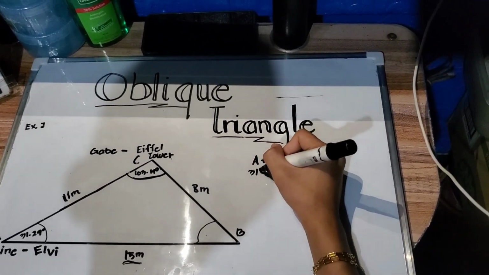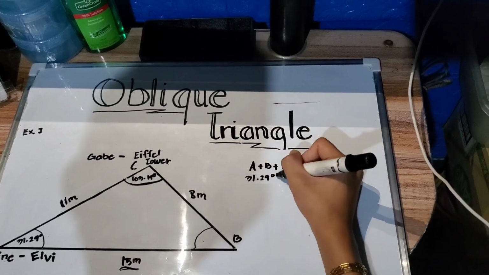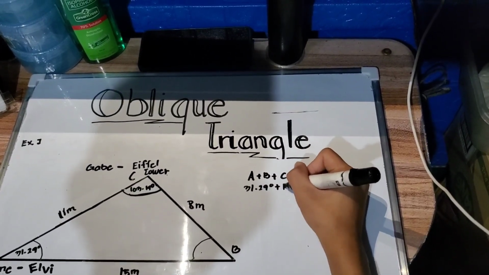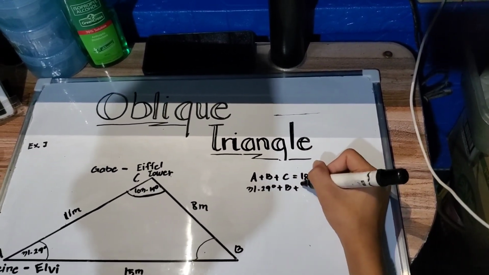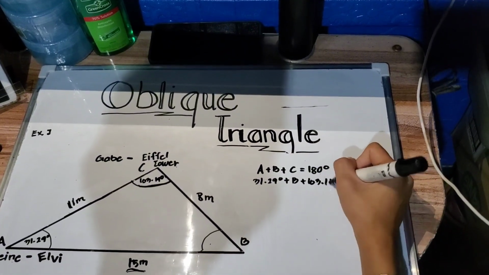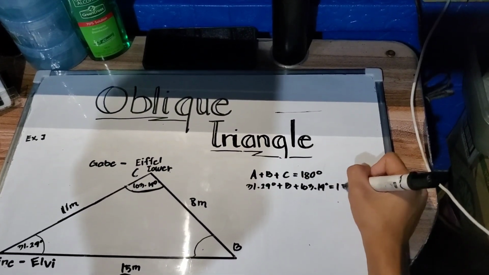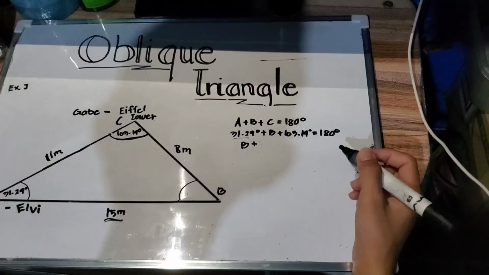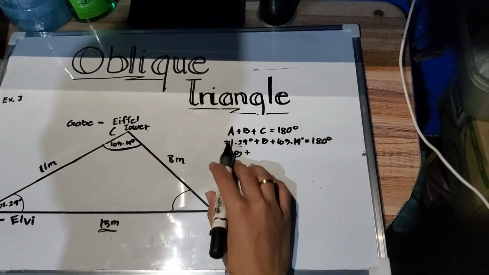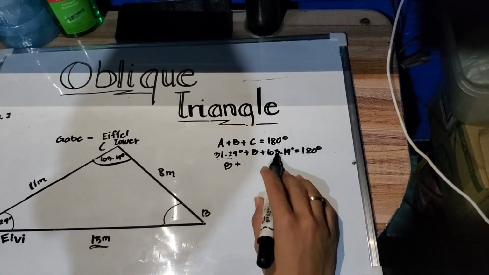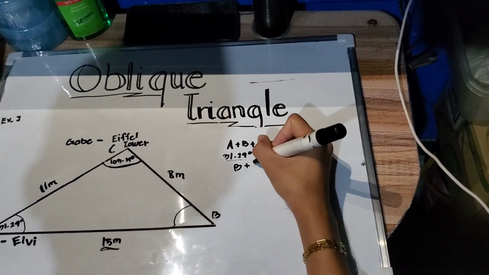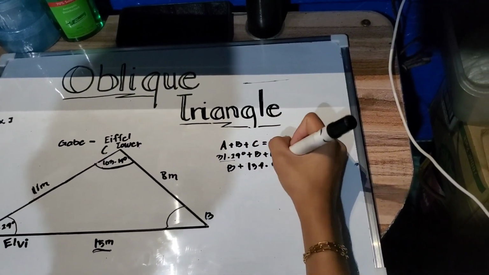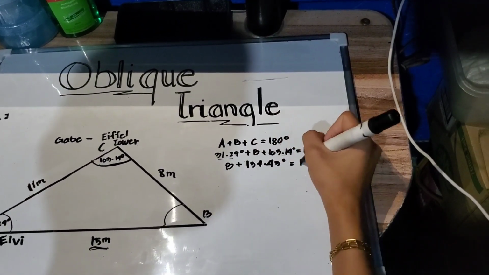A is 31.29 degrees, B is unknown, so let's just copy the capital B, and the value of C is 103.14 degrees, equal to 180 degrees. Next is to add these two. So 31.29 degrees plus 103.14 degrees is equivalent to 134.43 degrees, equal to 180 degrees.